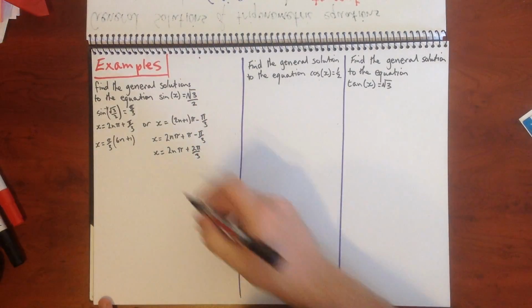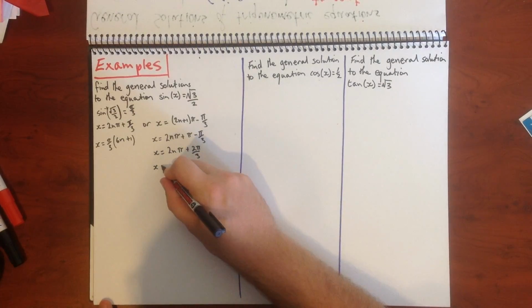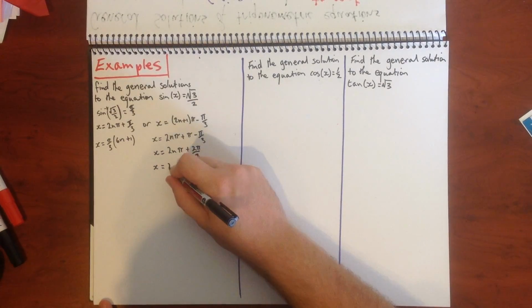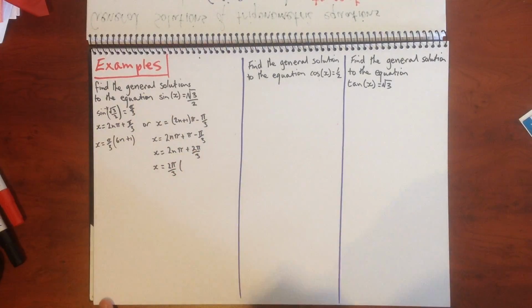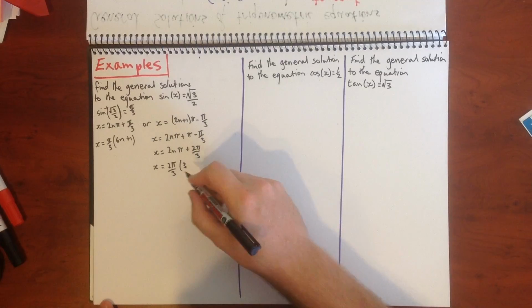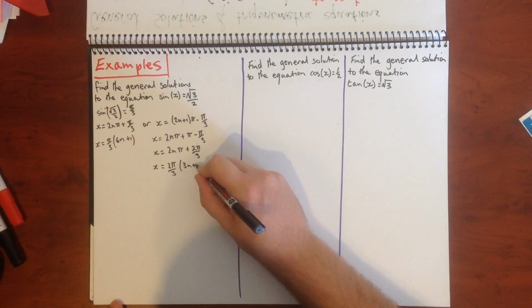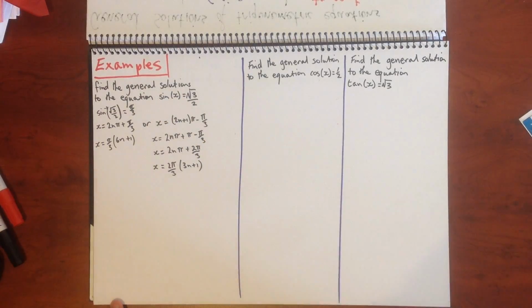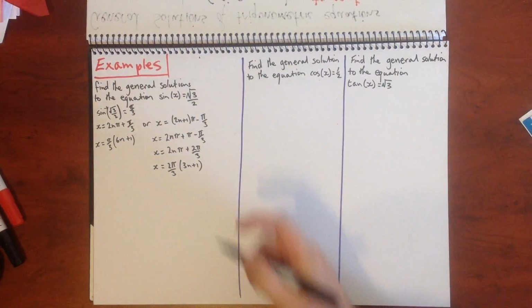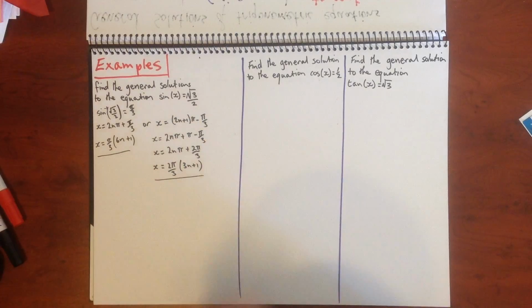Again, we take out 2 pi on 3 as a common factor, which will leave us with 2 pi on 3 outside of 3n plus 1. And there are our two solutions, here and here.